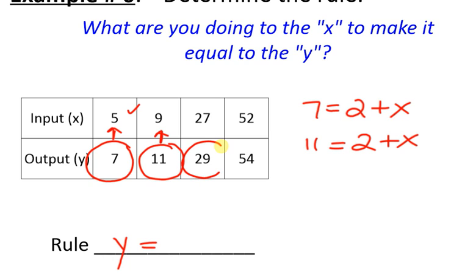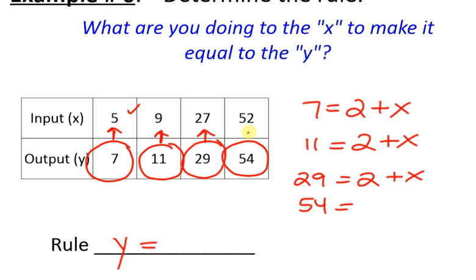Try this one right here, 29. 29 equals. The x is 27. Is 27 plus 2 29? Yes. 2 plus x. By the way, you can also write this as x plus 2. Now let's try 54. So 54 equals. Okay, how do I get from 52 to 54?